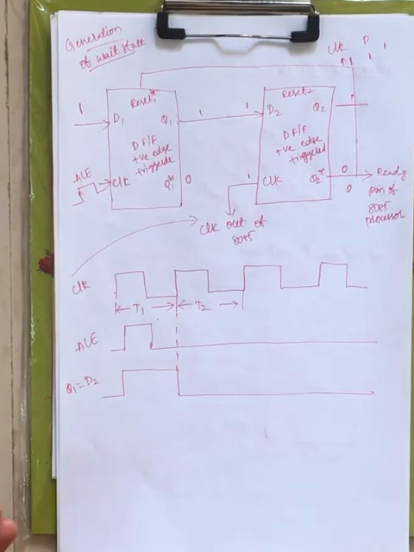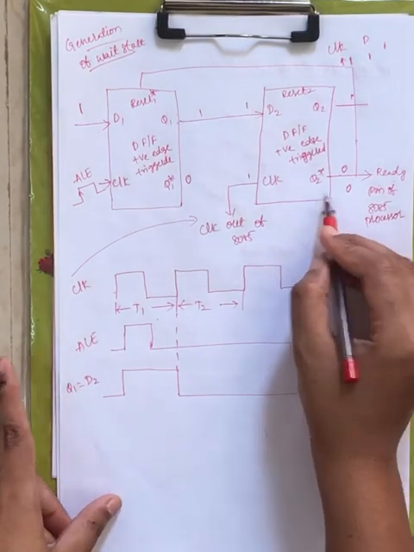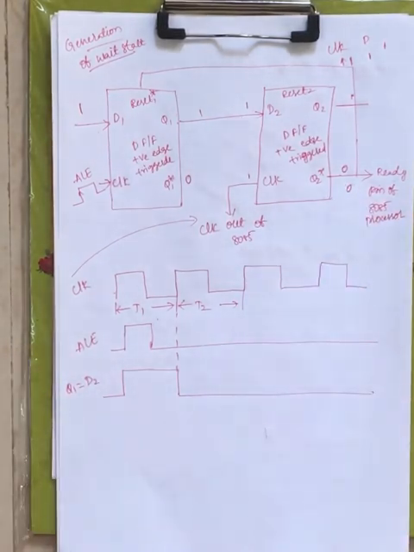Now what happens when the ready pin value is 0? That indicates to the microprocessor that the external peripheral is not ready for data transfer. We are getting Q2 dash as 0, and that is given directly to the ready pin of the 8085. Since the value of the ready pin is 0, the microprocessor enters into the wait state. The third clock cycle is the wait state of the microprocessor, because we are getting Q2 dash, the next state of the second D flip-flop, as 0, which is directly given to the ready pin of the 8085.